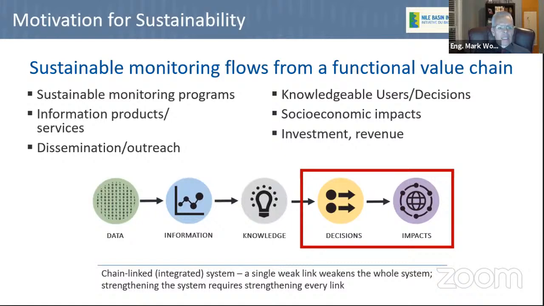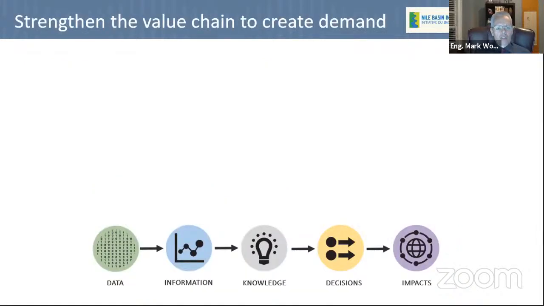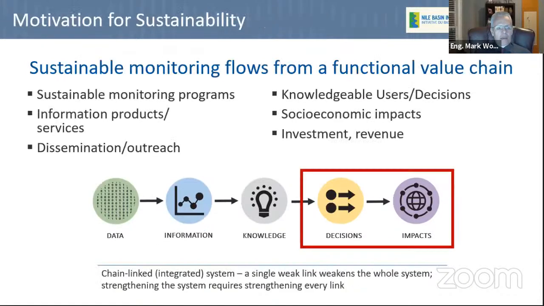We presented yesterday this slide that suggests that sustainable value chain includes the sustainable monitoring programs, information products and services, dissemination and outreach, knowledgeable users, real impact, and then a return investment based on the beneficial impact in keeping that information flow going.